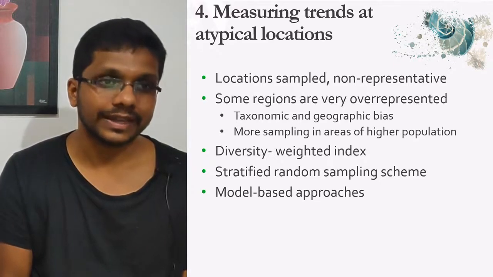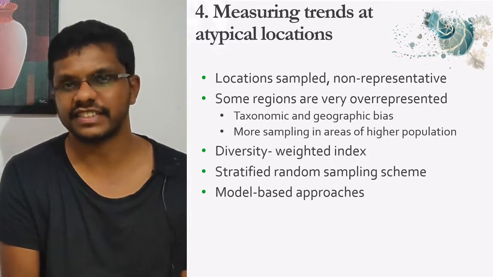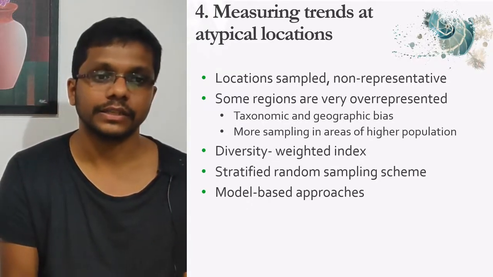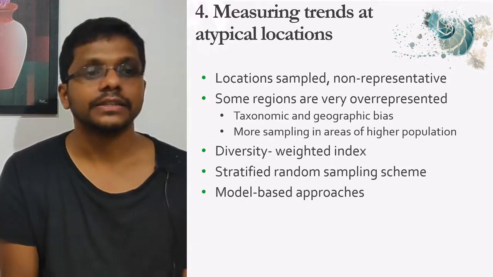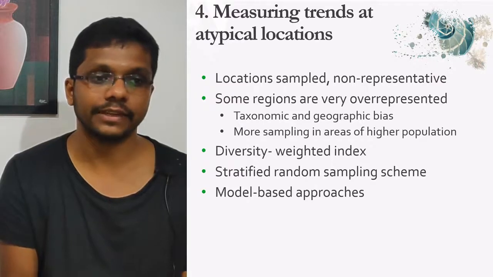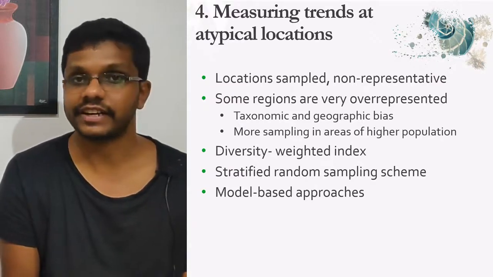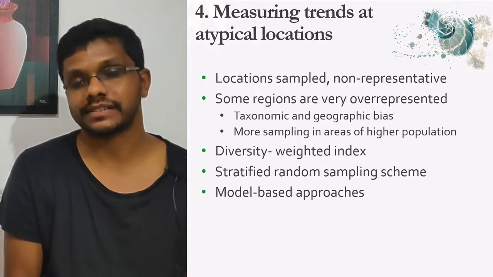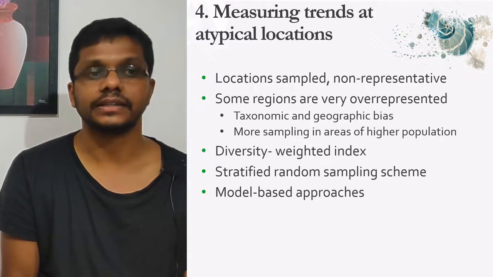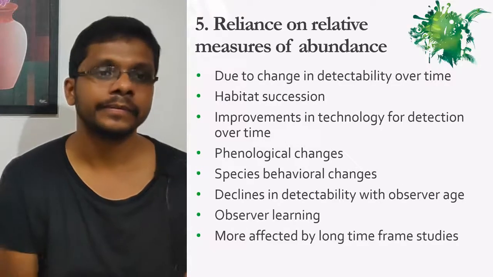That's an issue, especially when we are using citizen scientists, as people will just go by their knowledge of places. So in order to overcome that, we can use different strategies like a diversity weight index, stratified random sampling, or a model-based approach. By using these three approaches, we can overcome the limitations in sampling at atypical locations.